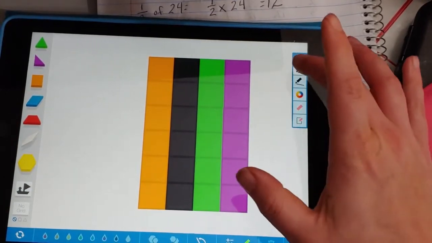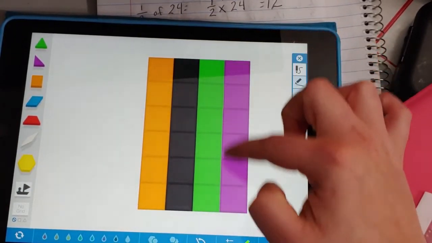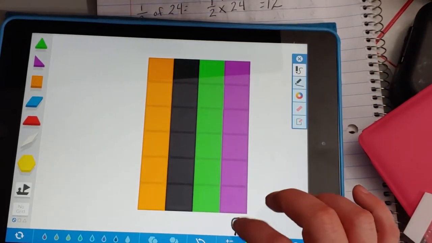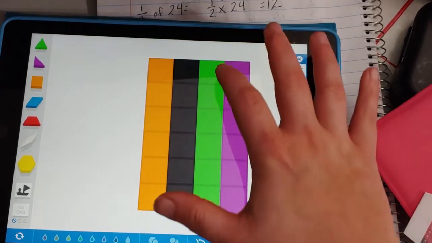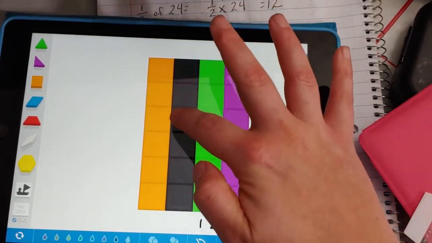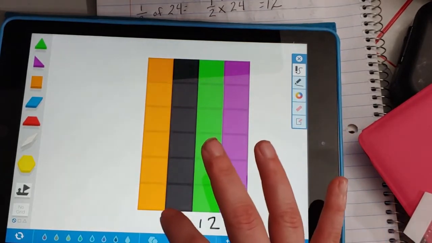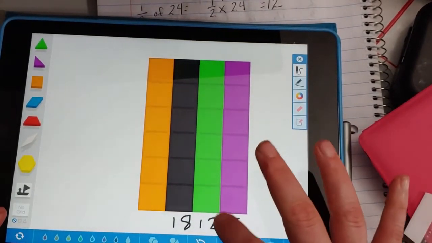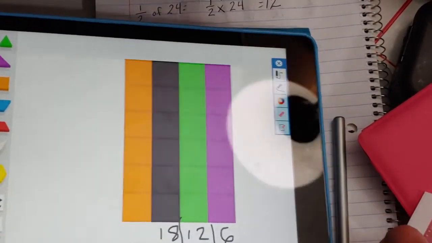So, if we look here, right, 1/4 was 6, but it wants 3/4. So 2/4 would be 12, 13, 14, 15, 16, 17, 18. 3/4 is 18.